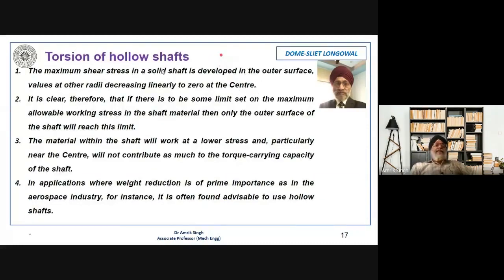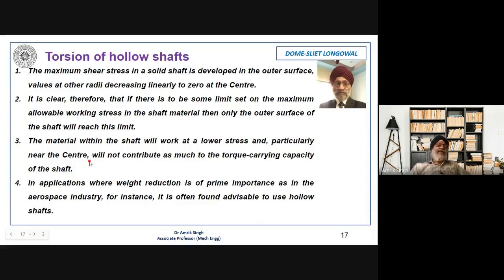Second, it is clear therefore that if there is to be some limit set on the maximum allowable working stress, because the material is fixed for the shaft, that means the working stress is fixed. Then only the outer surface of the shaft will reach this limit. The metal within the shaft will work at a lower stress, particularly near the center.